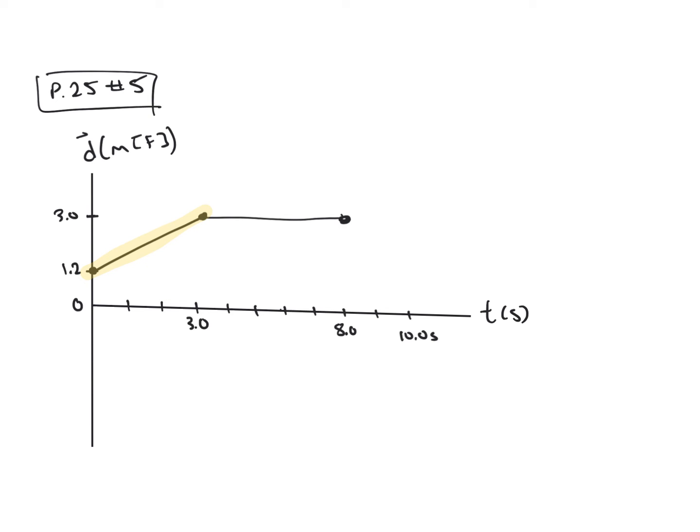That way, when I calculate the slope of the first segment, which I've highlighted yellow, the slope of that is rise over run.